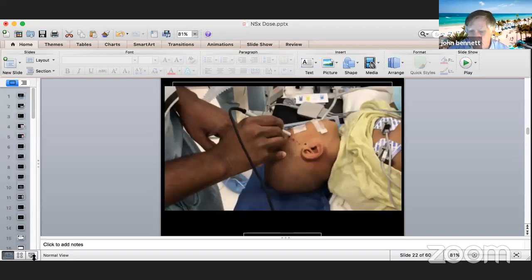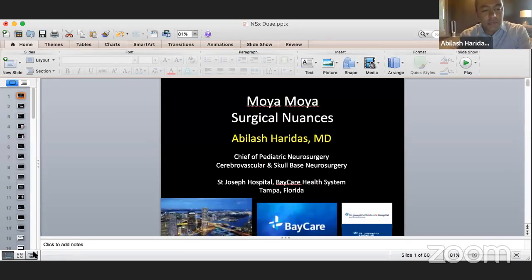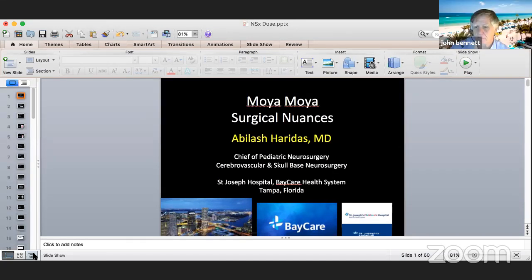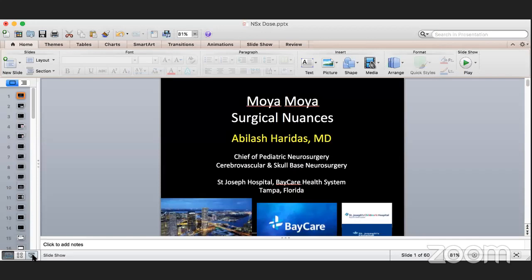Now, you know how to get off the screen there, right? I'm going to go back to my initial screen and keep it open. Okay, you know how to leave the screen share? At the very top, I see a stop share button. Yes, stop share, because I'm going to introduce you first.